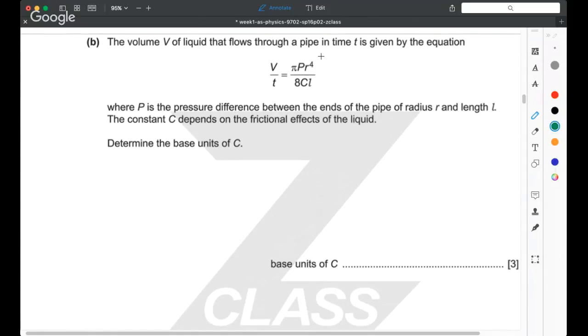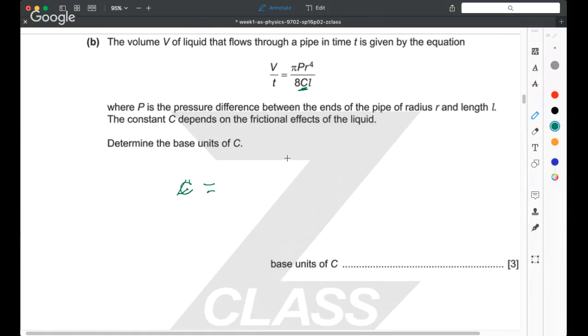When the pressure difference between the ends of the pipe, this is still just the units. So first, what are they asking you, the units of which? Of C. So you have to leave C alone. So you pass the other terms to the other side, the volume and the time.